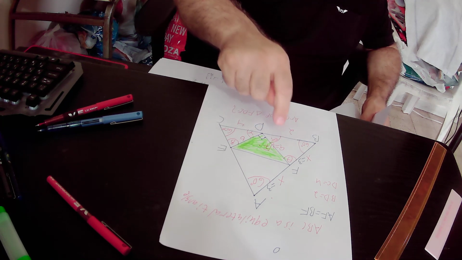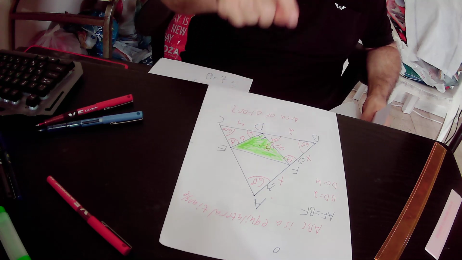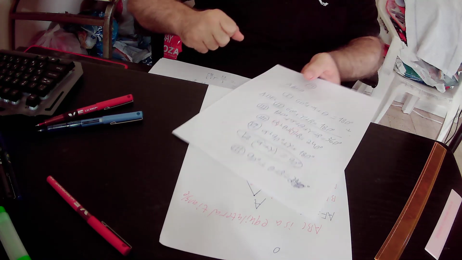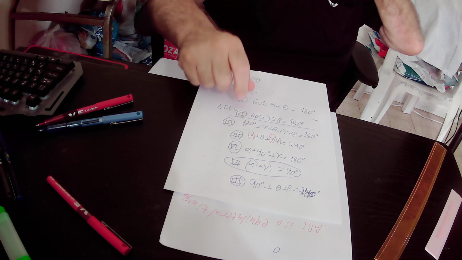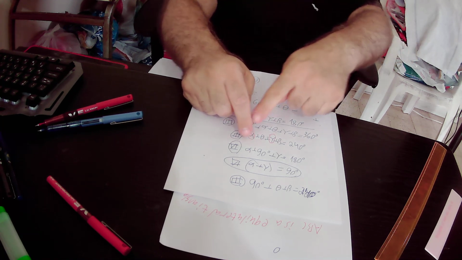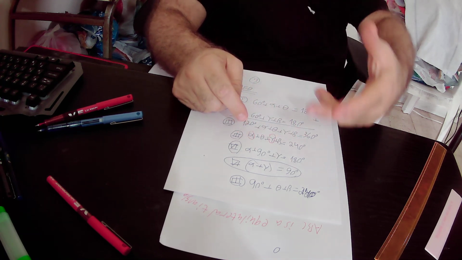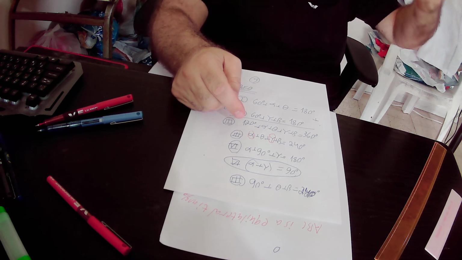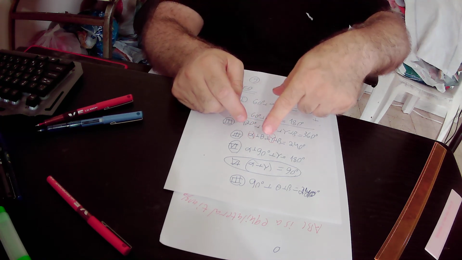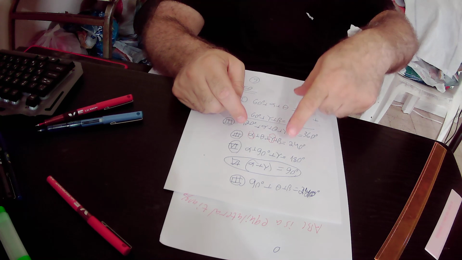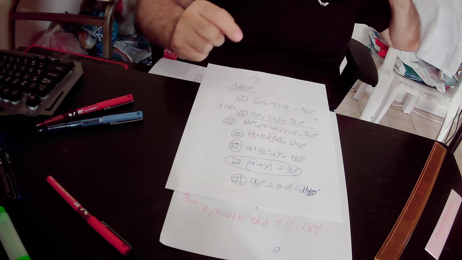That is to say, alpha plus 90 degrees plus gamma equals 180 degrees. So that is our fourth equation, that states that the sum of the angles on the upper side of a line or line segment equals 180 degrees.